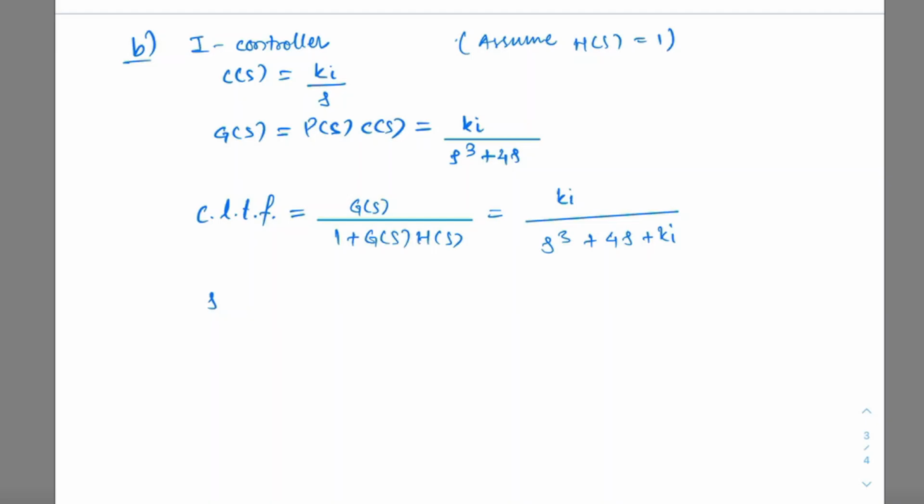Last is the PD controller. Now the C of S for the PD controller is given as Kp plus Kd into S. So the G of S, which is P of S into C of S, is written as Kd into S plus Kp over S square plus 4.